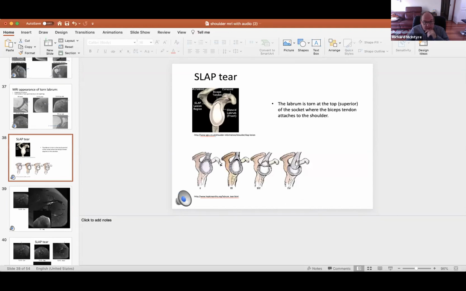These are different stages of SLAP tears. So we've got the superior labrum, which serves as an extension. It's torn at the top. The superior labrum is torn and it may fold down depending on what grade.